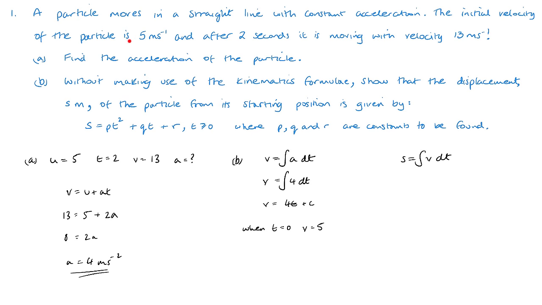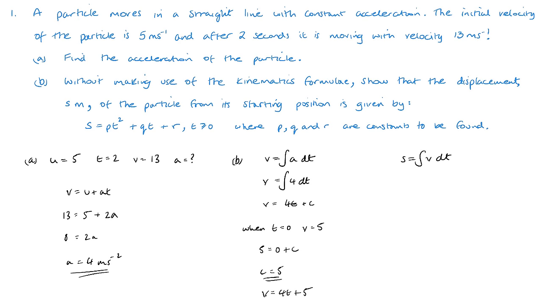It's up here, the initial velocity, isn't it? Okay, so 5 equals 0 plus c, c equals 5. So we have V equals 4t plus 5.